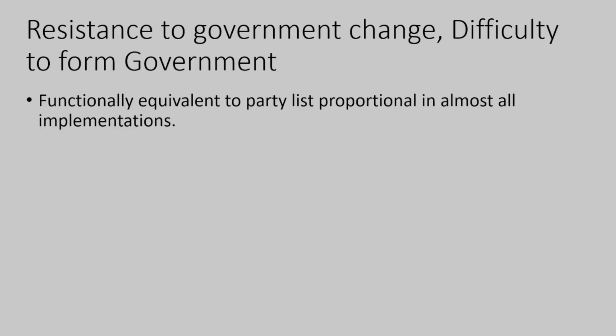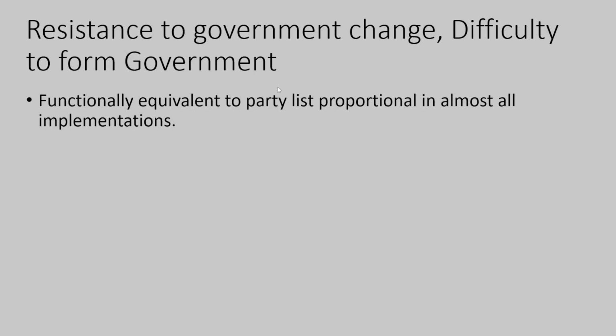Resistance to government change or difficulty to form government are functionally the same as party list proportional, because in effect, any system that actually gets proportional results is always going to have the same considerations. If the results are to a one seat approximation proportional, they're going to all have the same considerations for these two.